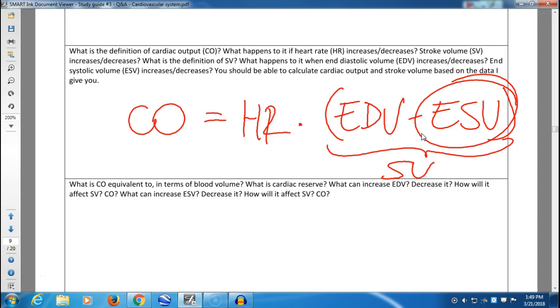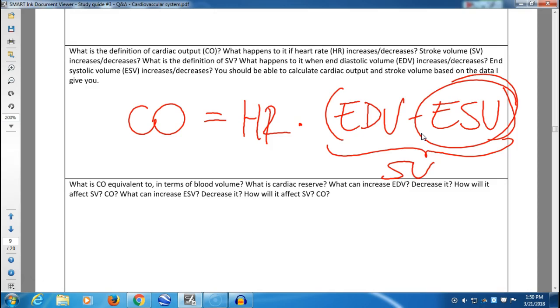So basically, play with this thing. And finally, afterload. What is this? Pressure in the circuit. Okay, pressure that the ventricle has to work against. Increased afterload will affect which volume? End systolic, how? It will increase it because the heart will not be able to squeeze it out.